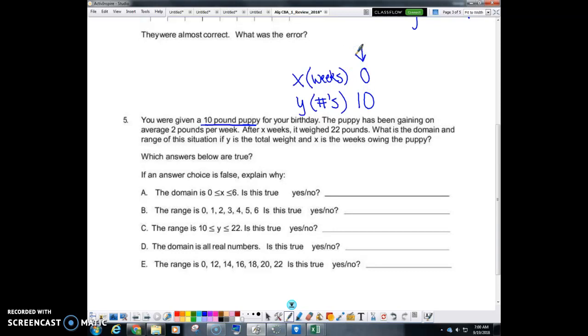Well, after 1 week, he gains 2 pounds, so that would be 12. And after another week, week 2, he gains another 2 pounds, so that'd be 14, and so on. It would be going up by 2s: 14, 16, 18, 20, and at week 6, 22.